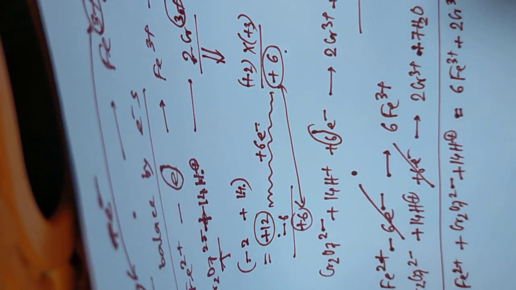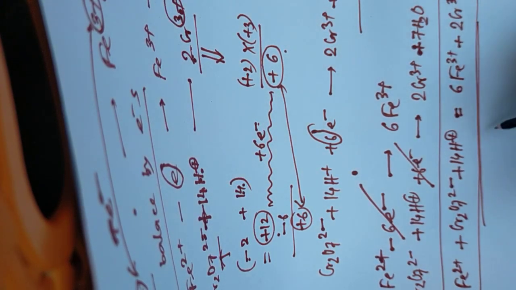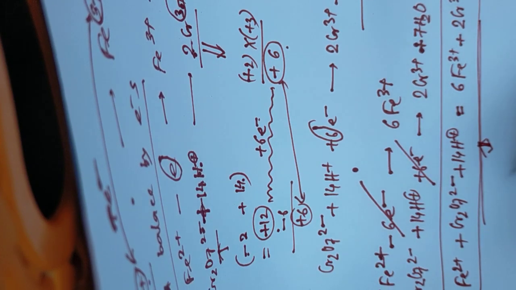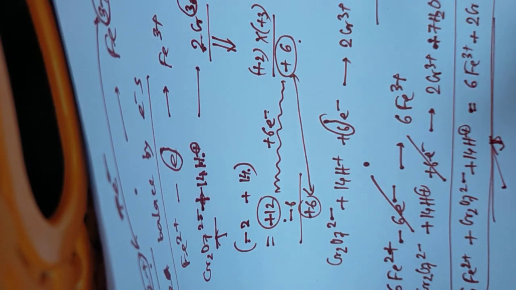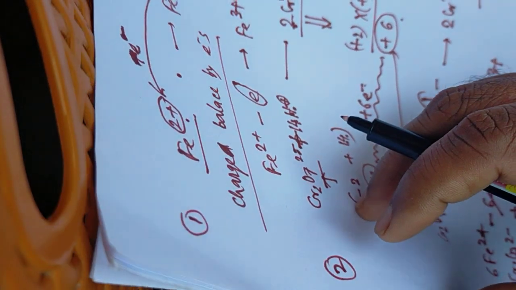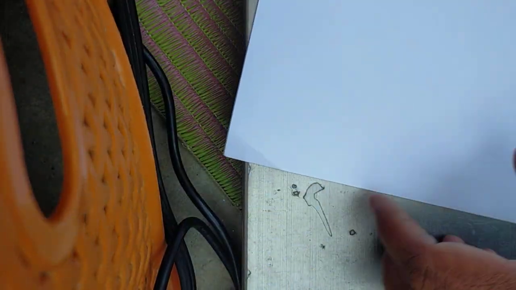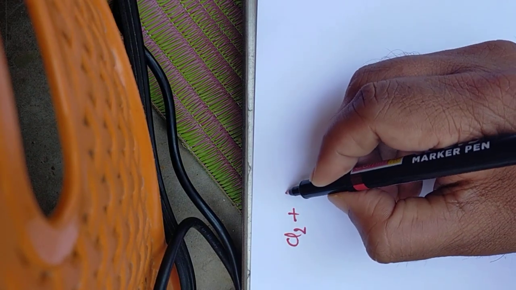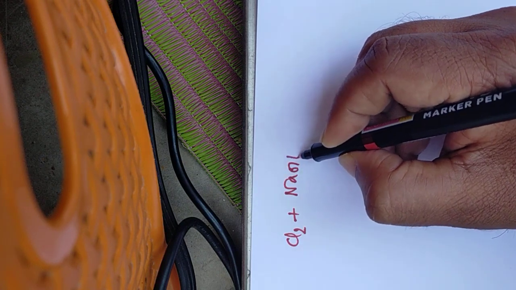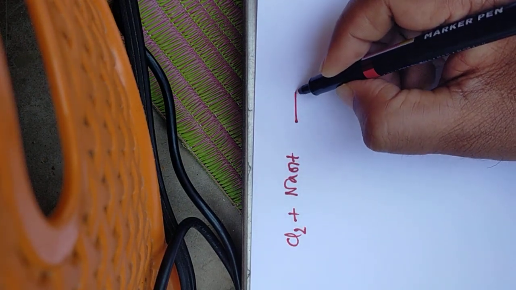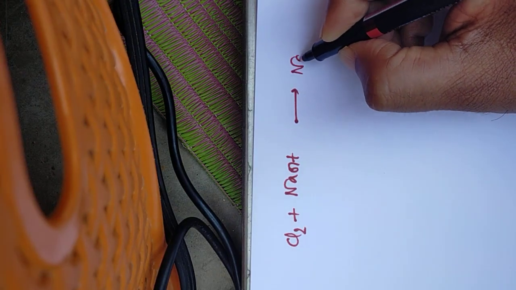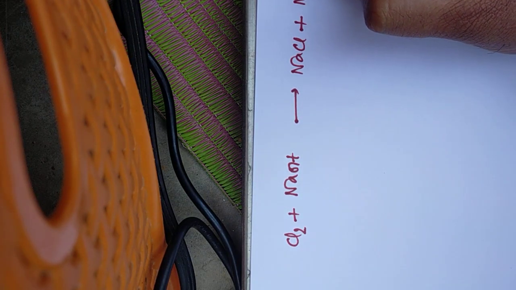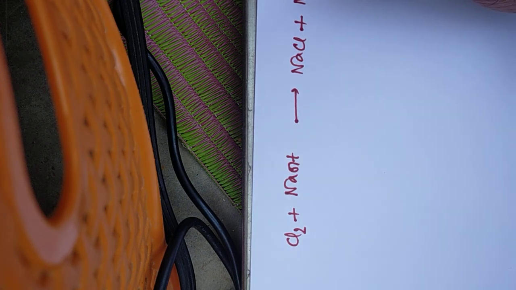So this is the balanced redox reaction in acidic medium. Now, if we take an example of basic medium, when chlorine gas is passed through hot concentrated NaOH, it is converted into NaCl and NaClO3 and H2O.